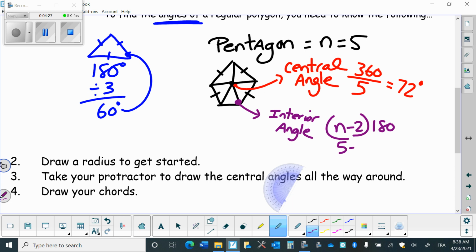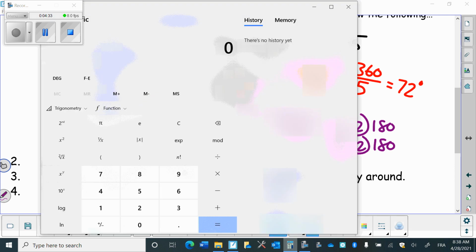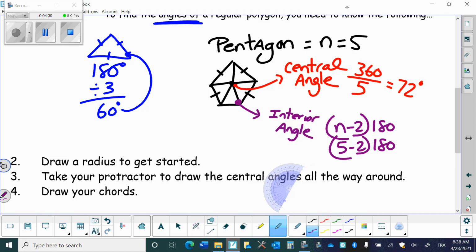So n minus 2, multiplied by 180: 5 minus 2 is 3 times 180. My total there is 540 degrees. But if I only want one corner, then you easily just divide it by 5 corners, 5 vertices, and that would give you every single corner is 108 degrees.